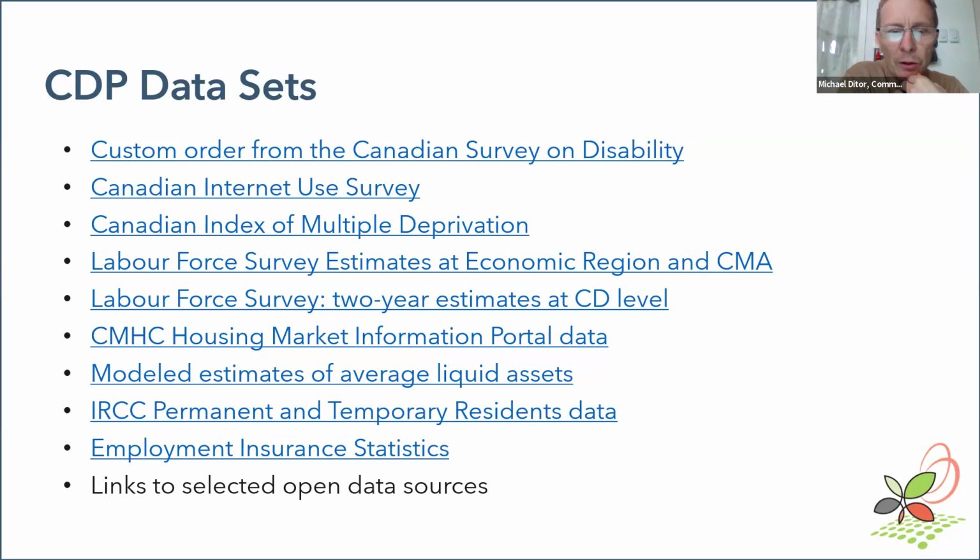We did this for average household liquid assets. We get data from IRCC on permanent residents and temporary residents. Some of that should be coming in shortly for 2024. Employment insurance statistics at the census subdivision level monthly. And then, as mentioned before, we link to open data sources.